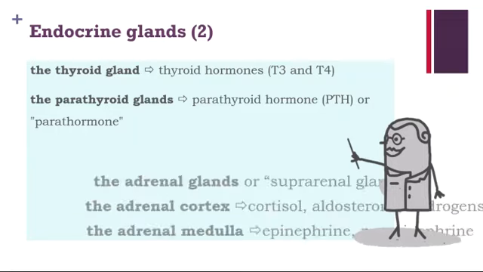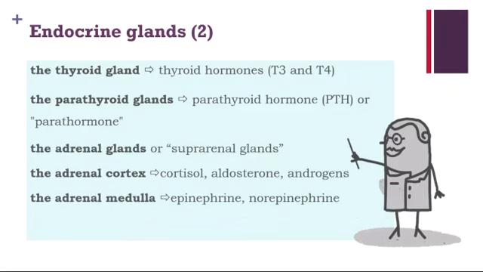Structurally and functionally, the adrenal glands are differentiated into two regions, the cortex and the medulla. The adrenal cortex is subdivided into three zones that secrete different hormones.